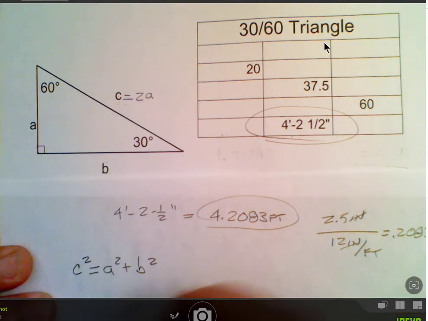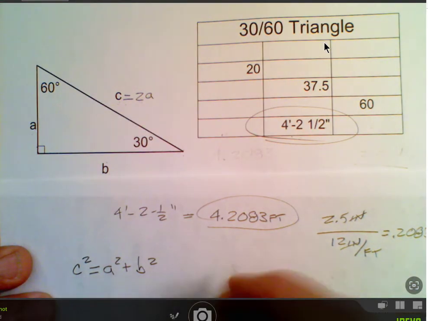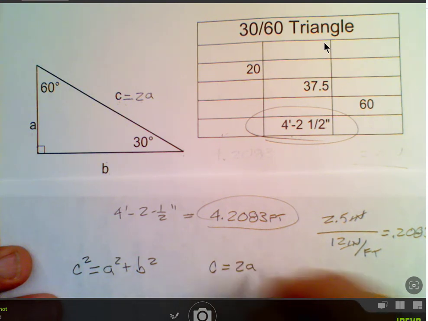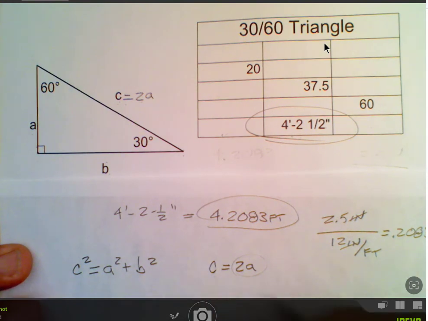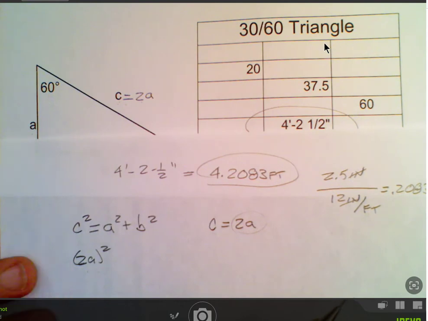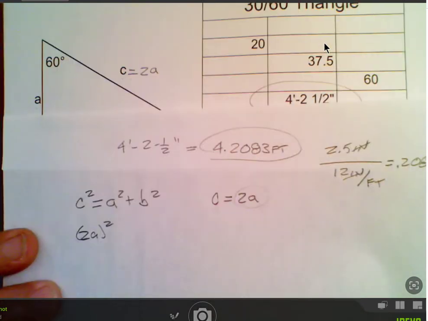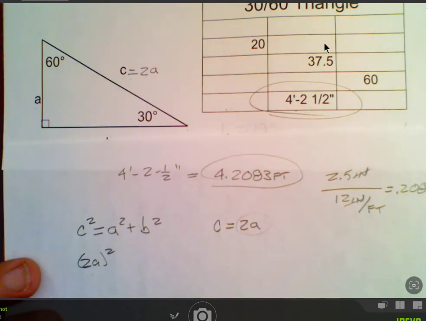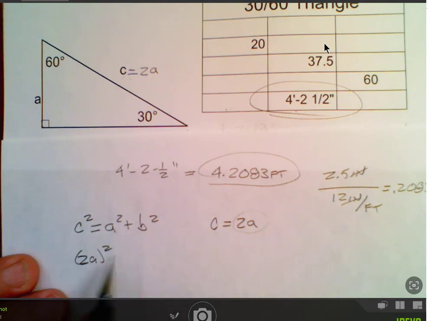And that also means we can write down the equivalent by saying if C is equal to 2 times A, then we can substitute 2 times A any place C arrives in this formula. We come back over here and we say (2A) squared. I'm putting it in parentheses so you recognize that it's not 2 times A squared, it's (2A) squared.